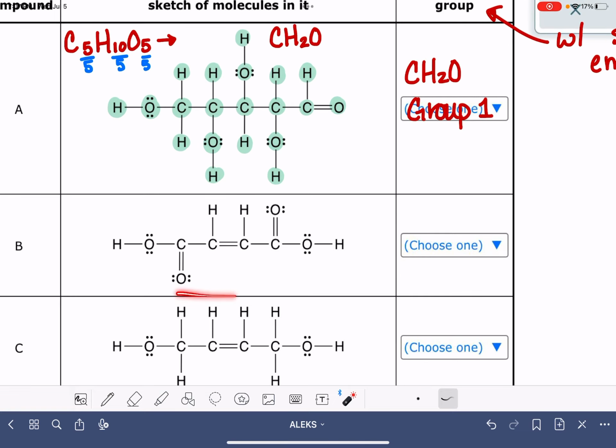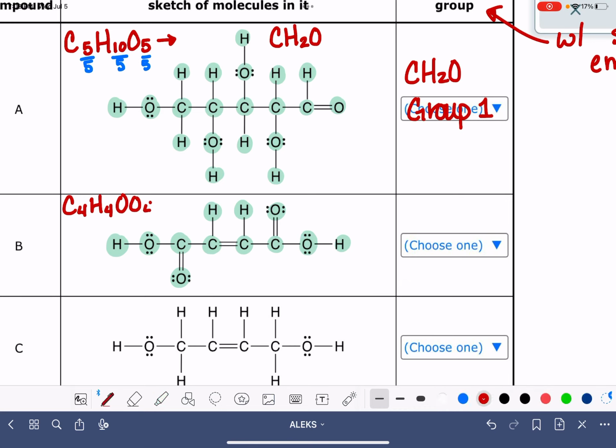Now we're going to go to our second molecule, and we're going to go through the same process again, writing the molecular formula. Let's count carbons first. 1, 2, 3, 4 carbons. Hydrogens we'll count second. 1, 2, 3, 4 hydrogens. And then oxygens we'll count last. 1, 2, 3, 4 oxygens.